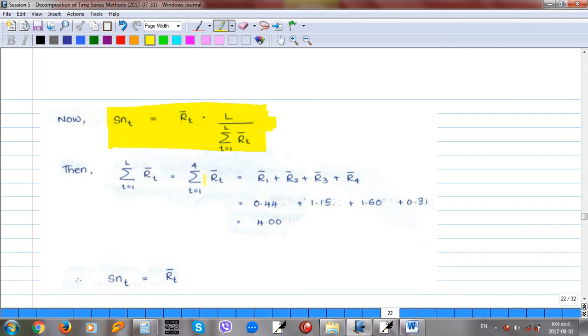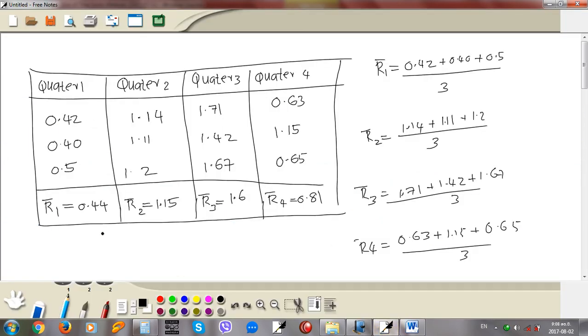SNT equals R bar T times L over the sum from T equals 1 to L of R bar T. So I am going to use this equation. First of all, I am going to simplify this part.